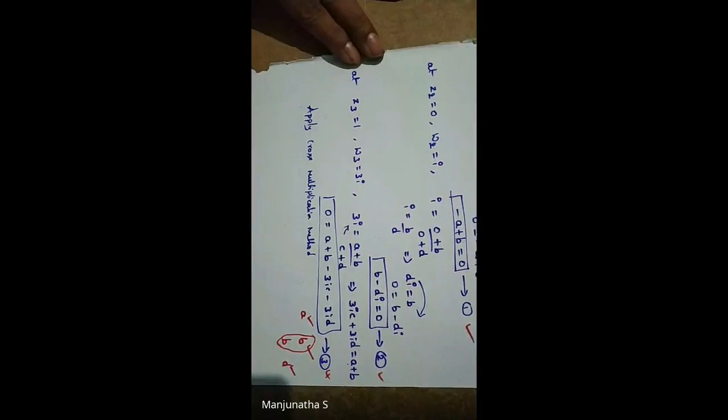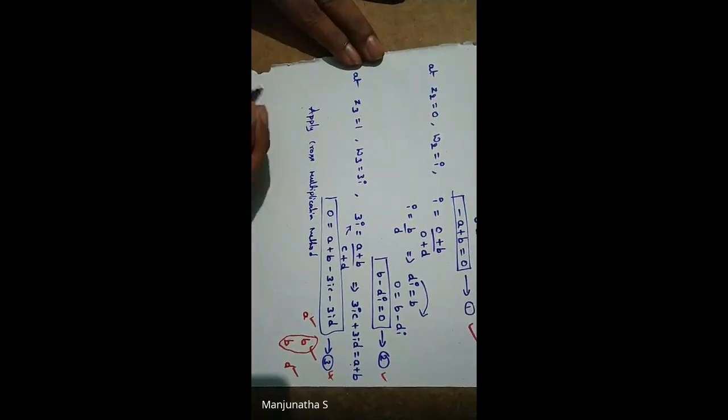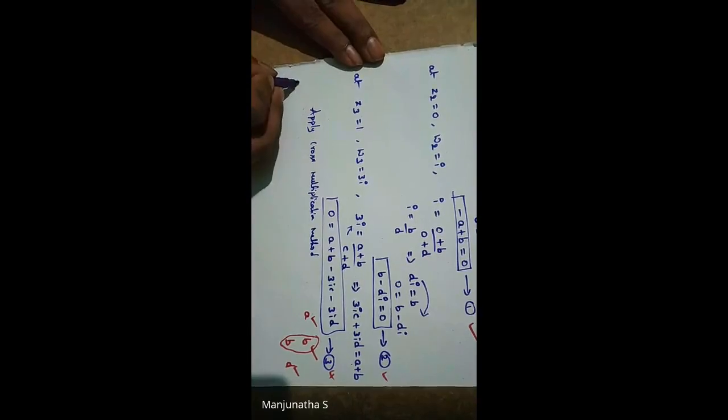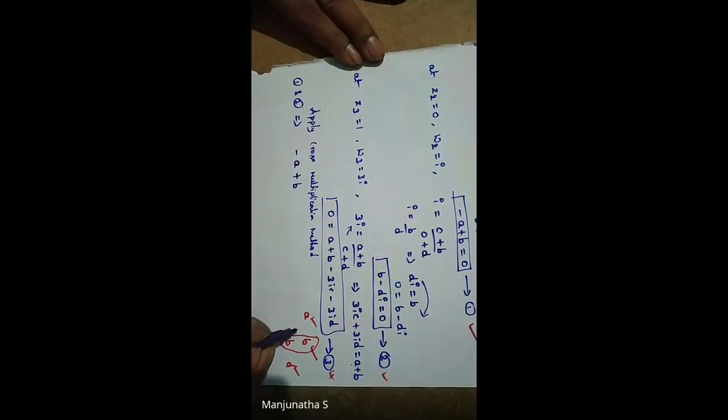Now what is the first equation? Minus a plus b is equal to 0. I'll write that one. Apply the cross multiplication method. From 1 and 2 we get minus a plus b. How many constants are there? A, B, D. D is not there in equation number 1, correct?